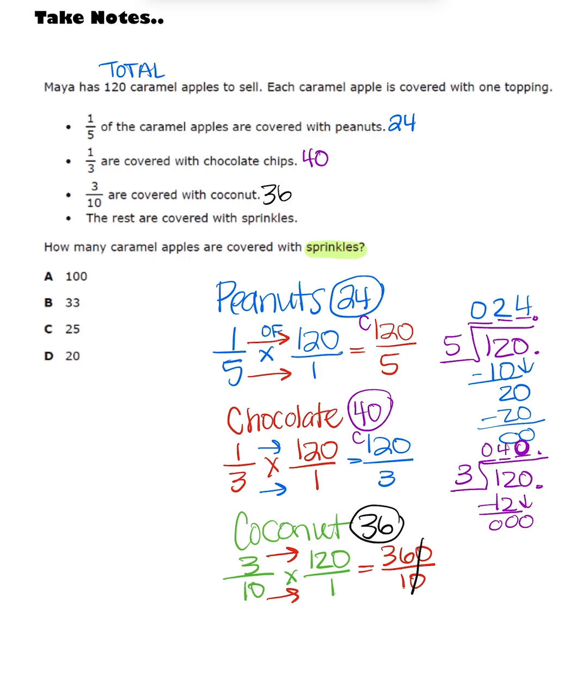And remember, what does the rest mean? When it says the rest, it means subtract. So I'm going to start with my total of 120, and I'm just going to start subtracting away the things I know. Let's get rid of the peanuts.